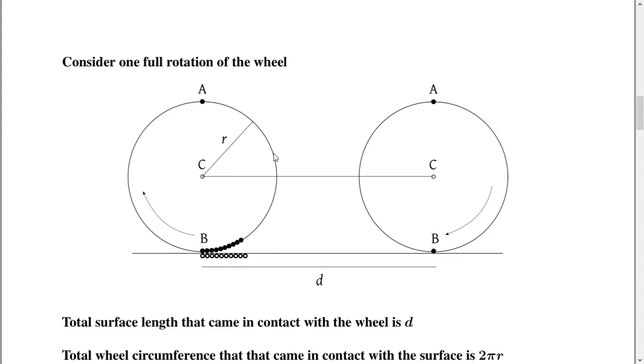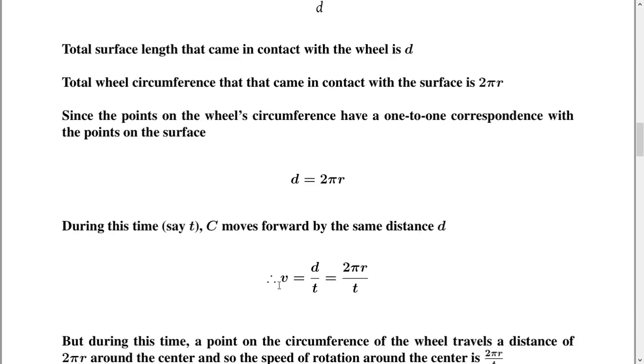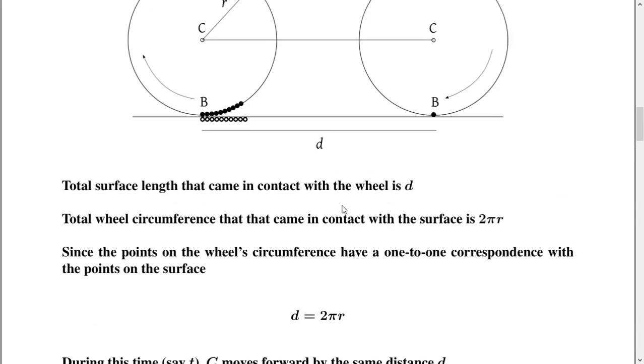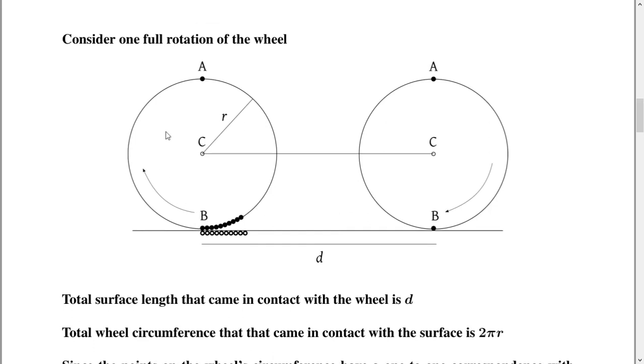So the speed of rotation around C is 2 pi r by t, right? But 2 pi r by t is nothing but v. So the speed of rotation of B and A around C is v, right? B and A should have the same speed of rotation, otherwise the wheel would get distorted.